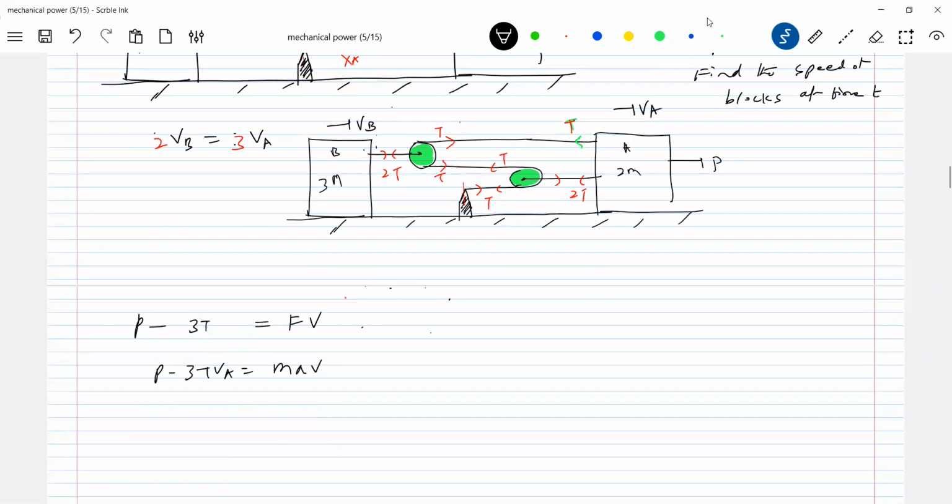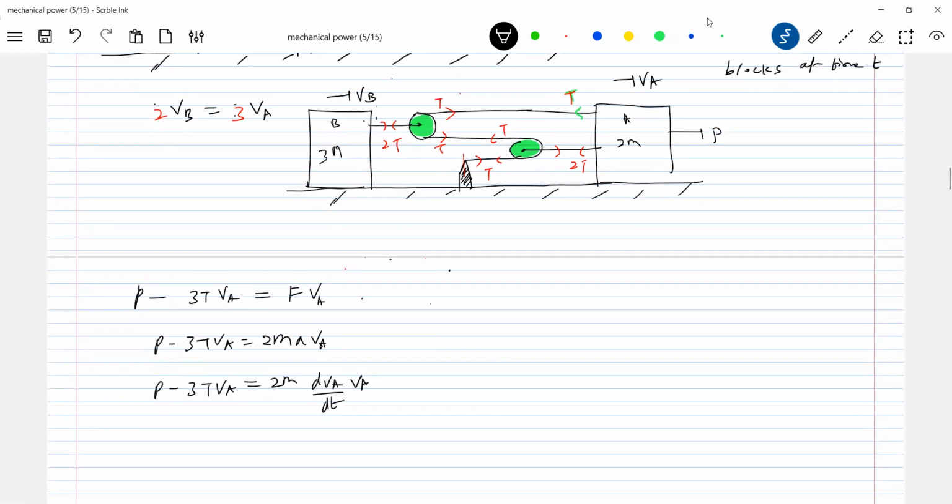This acceleration you can write dVA by dt. Sir, it should be 2m AVA. Yes, mass 2m. So this you further simplify mathematically: P by VA minus 3T.